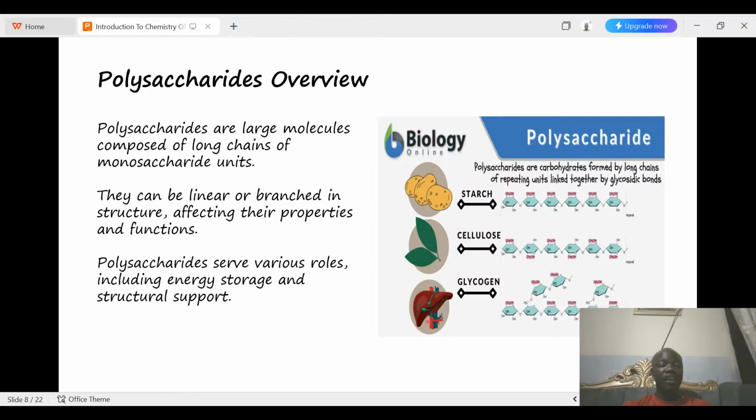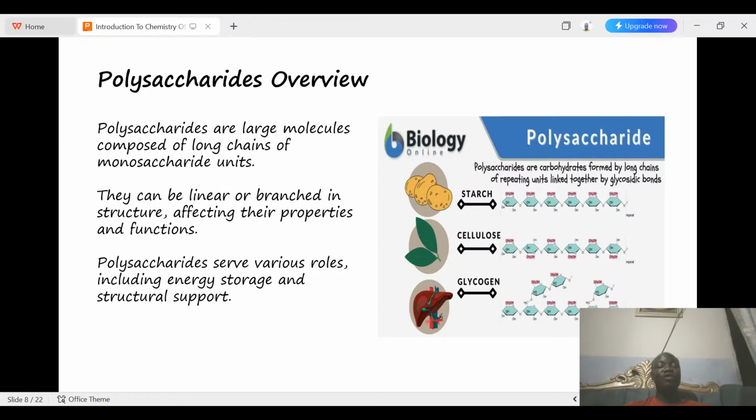As I mentioned, there are homopolysaccharides and heteropolysaccharides, but in most cases we are going to discuss homopolysaccharides. Homopolysaccharides can be linear or branched. These polysaccharides serve various roles, including energy storage.